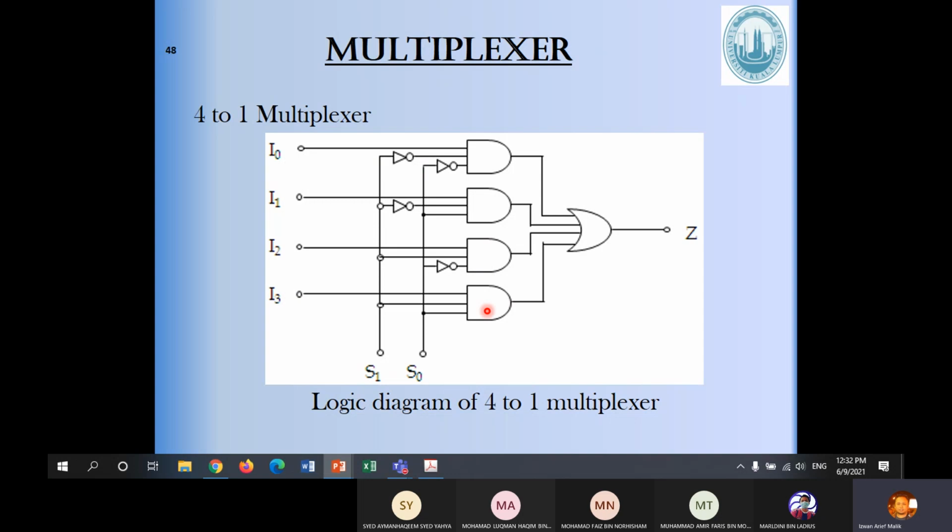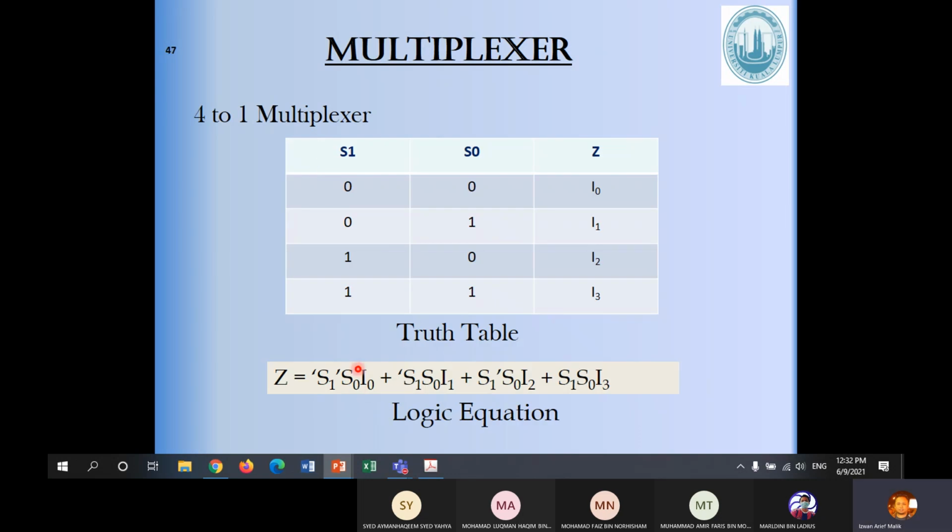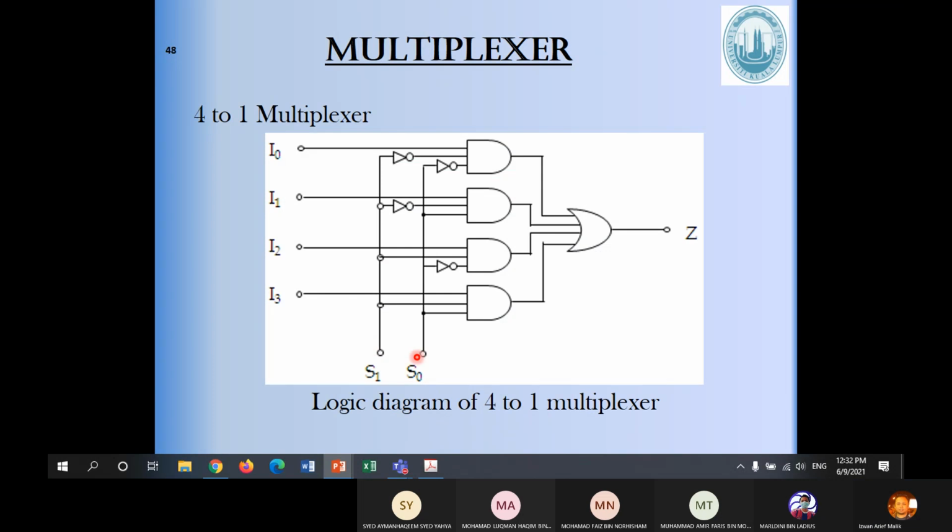Setiap selector pergi ke setiap gate, cuma input dia tak sama. So how does it differ? You look into this part here. This one will become S1 bar, and then this one will become S0 bar. So S1 bar, S0 bar, AND dengan I0. So you have the first equation here, group yang pertama. The second one, S1 bar, S0, I1.